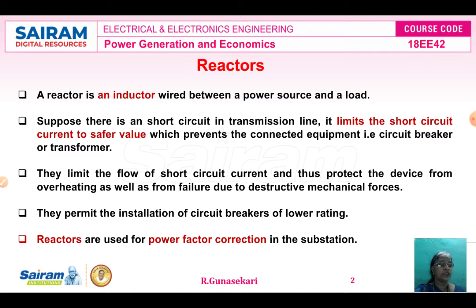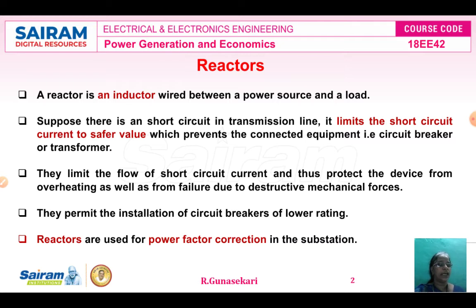Series reactors are used to limit the short circuit current and to limit the current surges associated with fluctuating loads. The series reactors are located at strategic locations such that the fault levels are reduced.